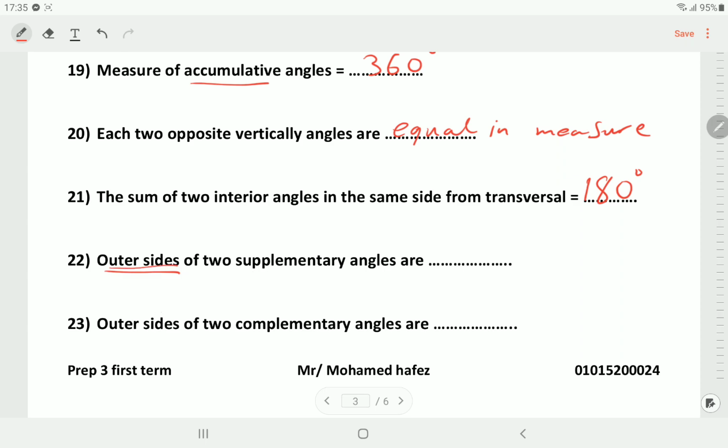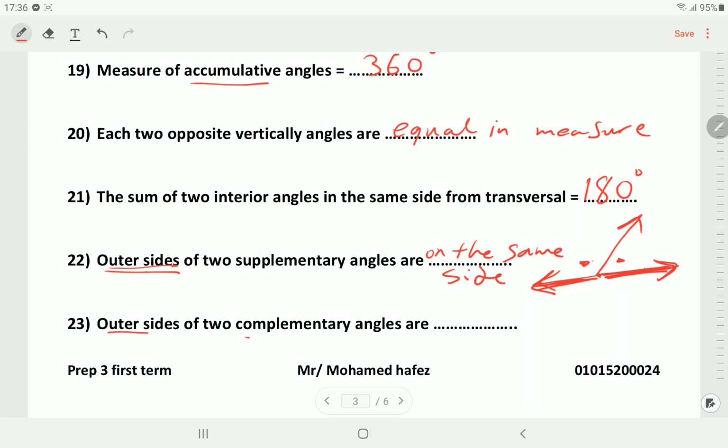What about the outer sides of two supplementary angles? When we talk about outer sides, we need to know what outer sides mean. We have two supplementary angles. I don't know the measurement of them, but the summation of them is 180, you know that. Outer sides are this side and this side, on the same line.